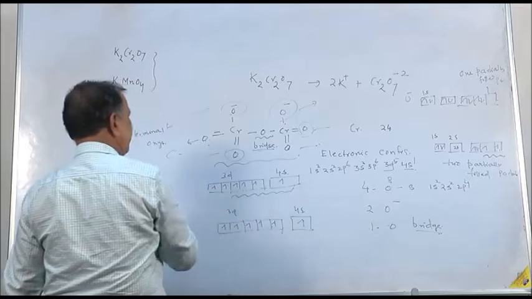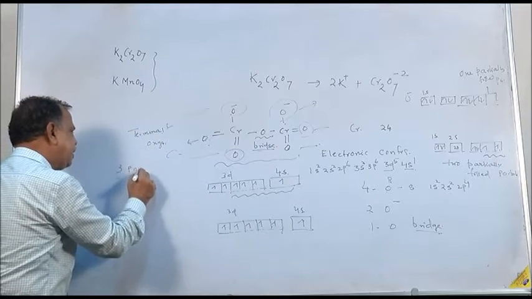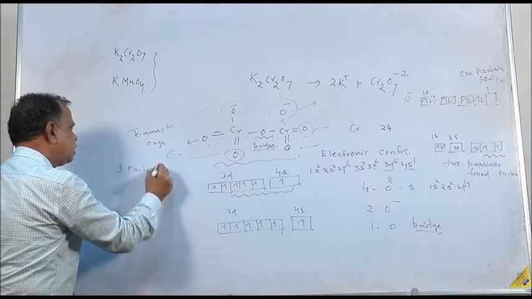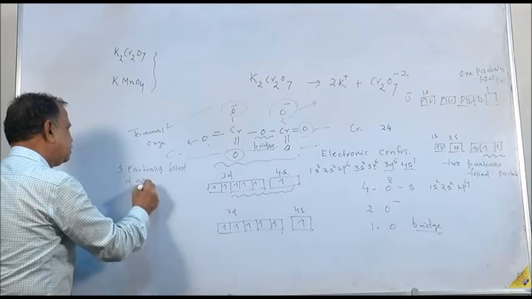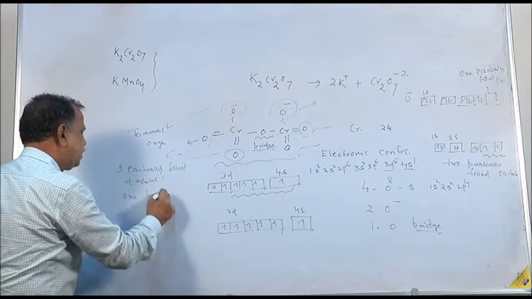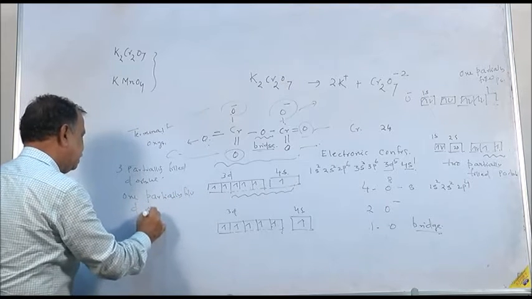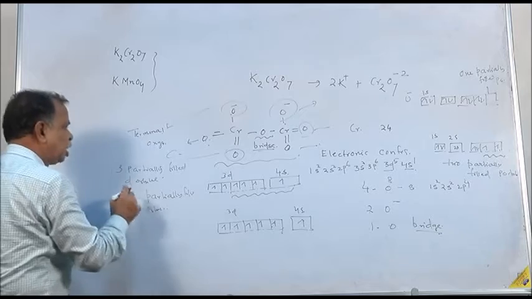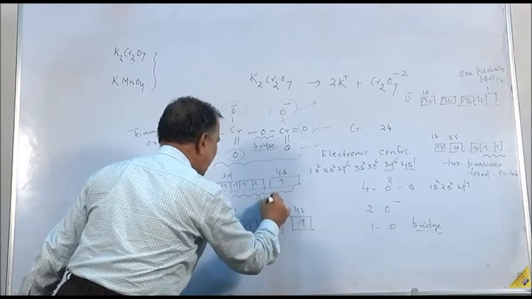Here, 3 partially filled d orbitals combined with 1 partially filled s orbital form d3s hybridization.